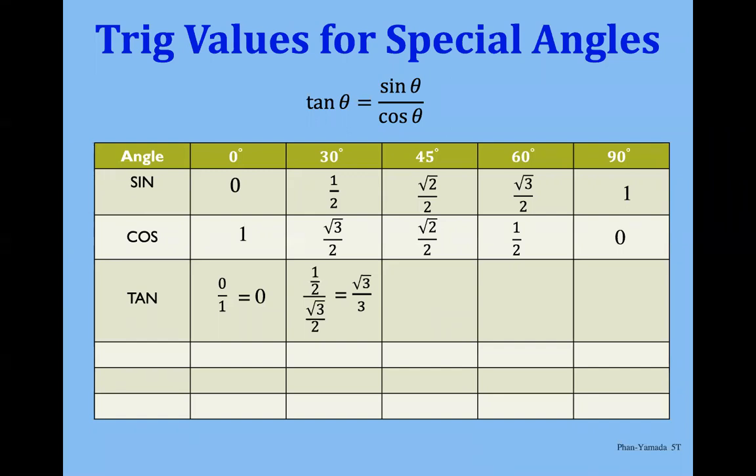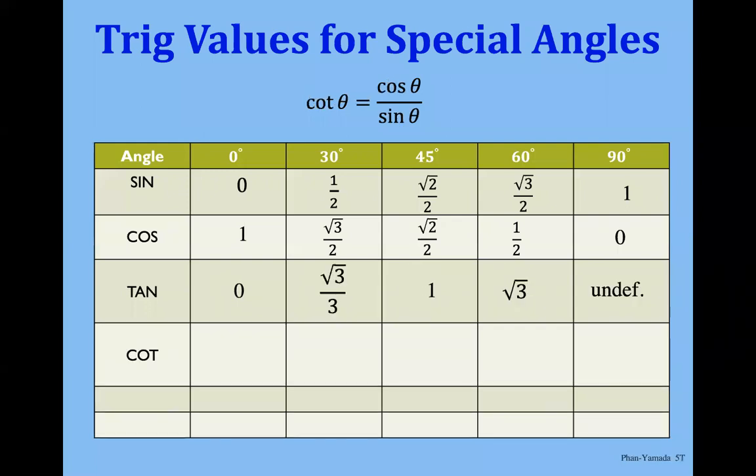And then tangent of 45 degrees, just the same, you divide, so you have 1. And then for 60 degrees, you divide those two fractions, and then you simplify, you have just radical 3. The last one, 1 divided by 0. Oops, cannot do it. So therefore, it's undefined.